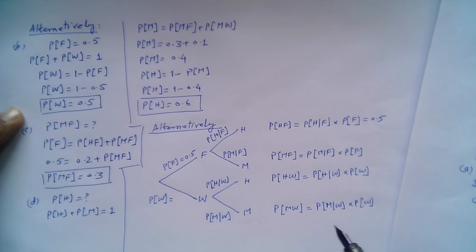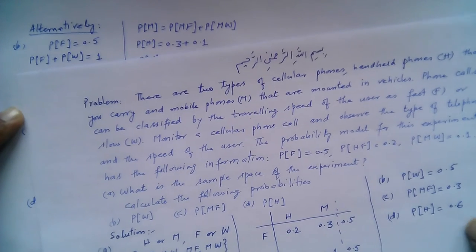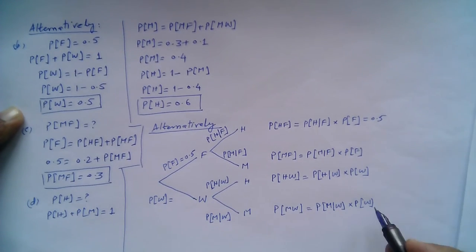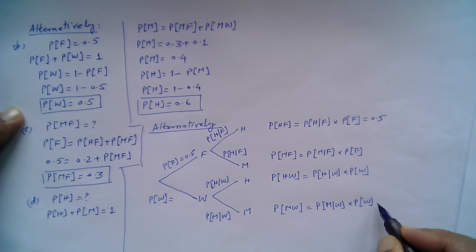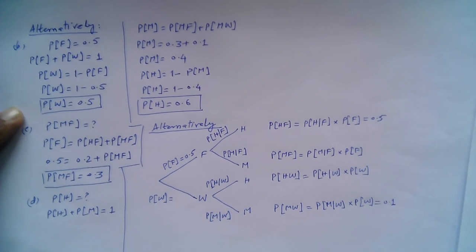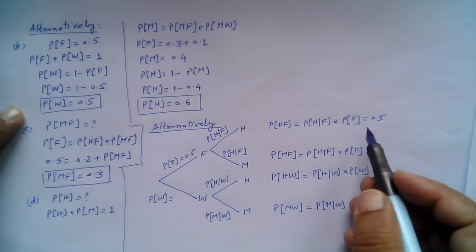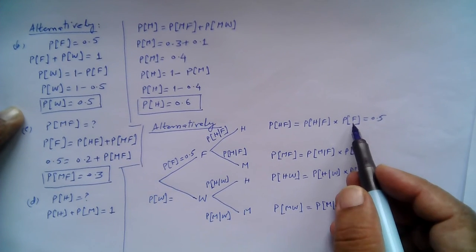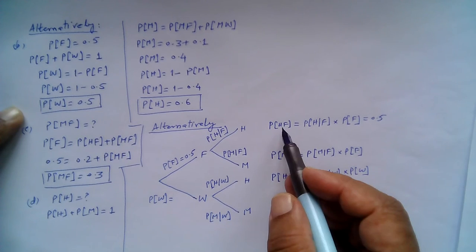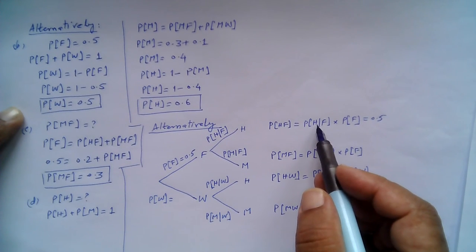And we are also given probability of MW is equal to 0.1. So we can then calculate from this, probability of F is also known, so this is 0.5, so we can calculate this probability H given F here, right?